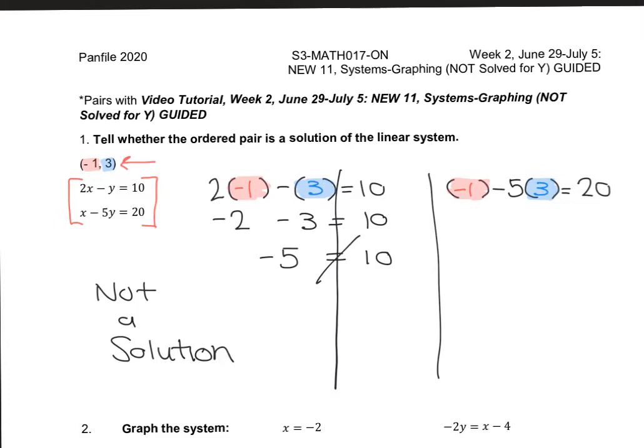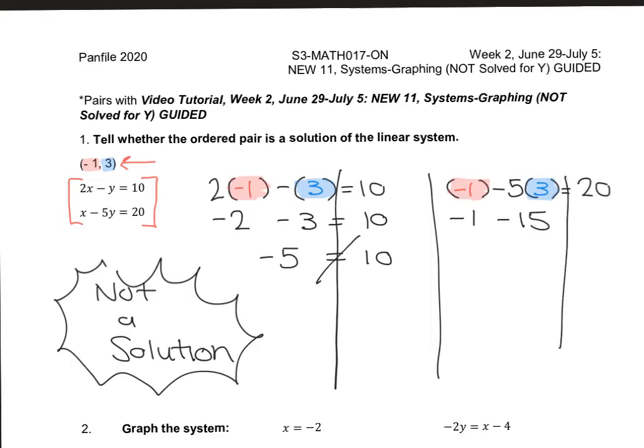In order to be a solution to the ordered pair, that ordered pair has to work in both equations. So I am done. Now, if I wanted to test it and see, I could come over here and say -1 minus 15 equals 20. That actually equals -16, which doesn't equal 20 either.